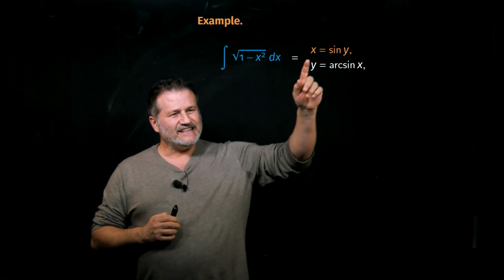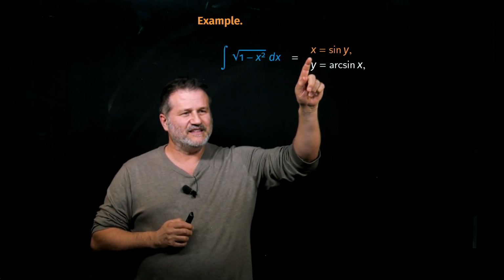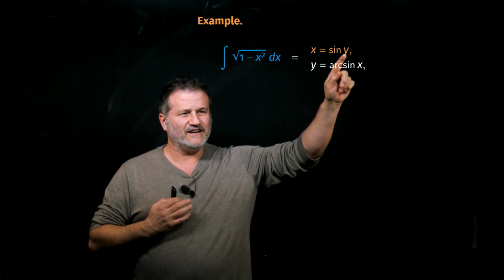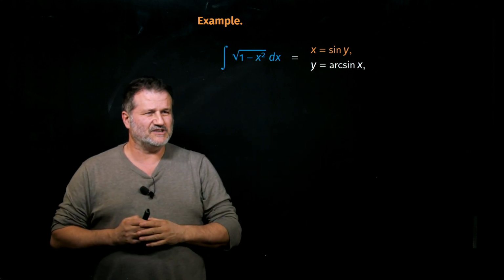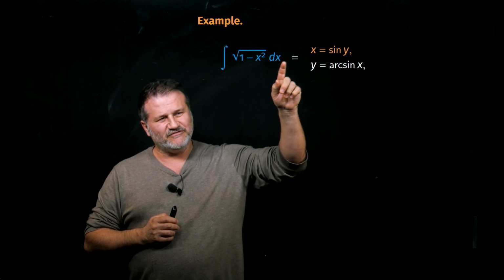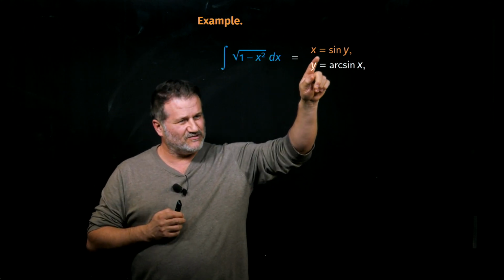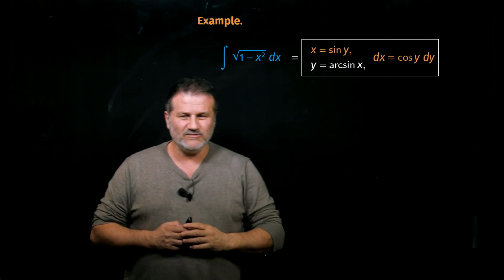Another feature of this change of variable is that here we already have x, the old variable, as a function of the new. So the function you see here is what we call the psi in the notation. This is important, because when you have to compute the conversion from dx to dy, you just have to differentiate this relation. And you get dx equal cos y dy.